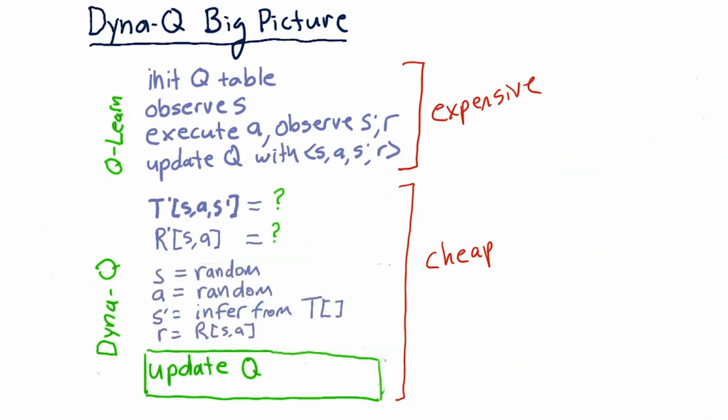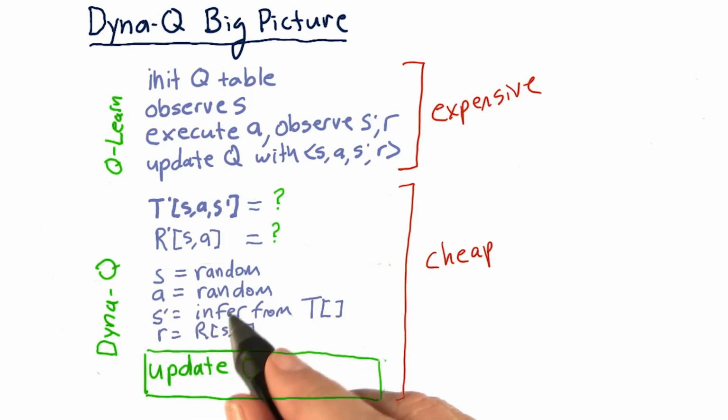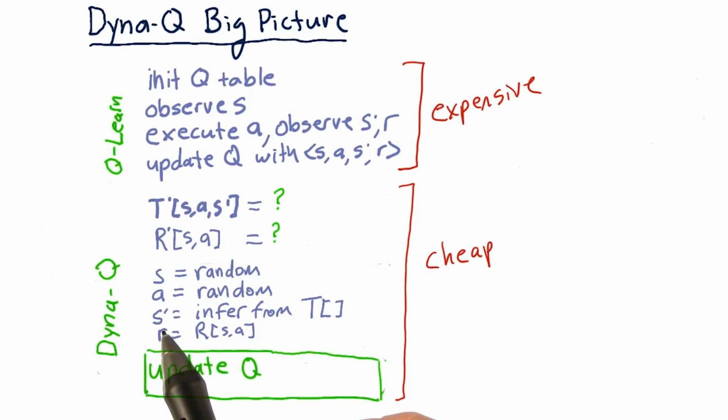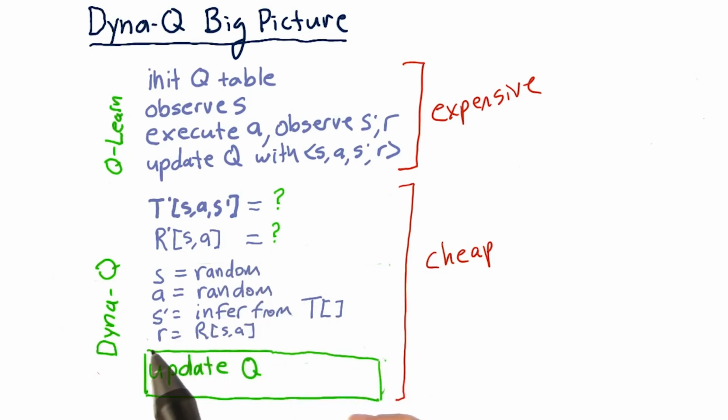Here's how we hallucinate an experience. First, we randomly select an S. Second, we randomly select an A, so our state and action are chosen totally at random. Then we infer our new state, S prime, by looking at T, and we infer our immediate reward, R, by looking at big R, our R table.